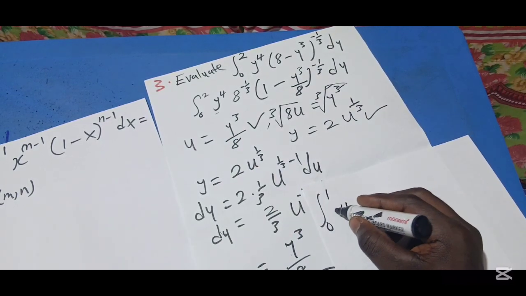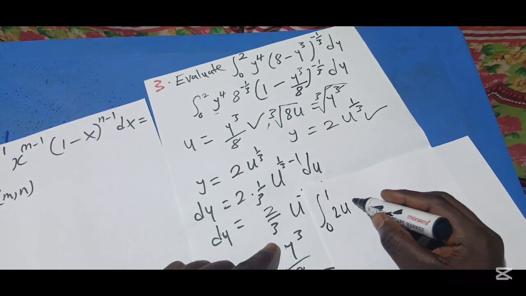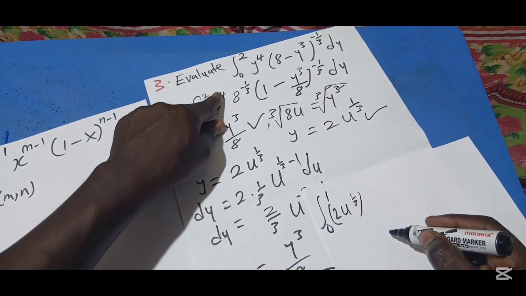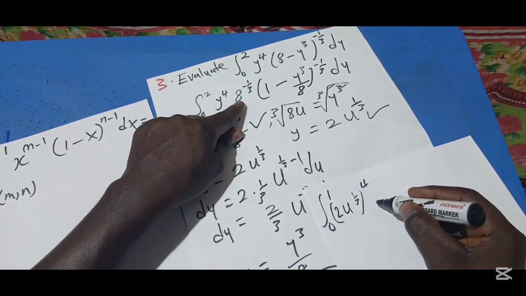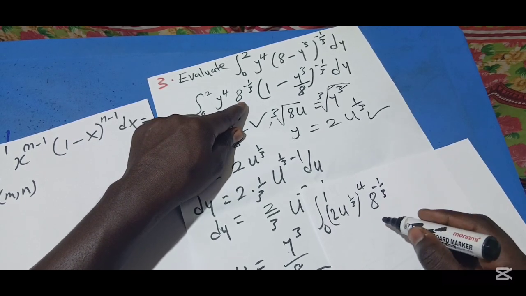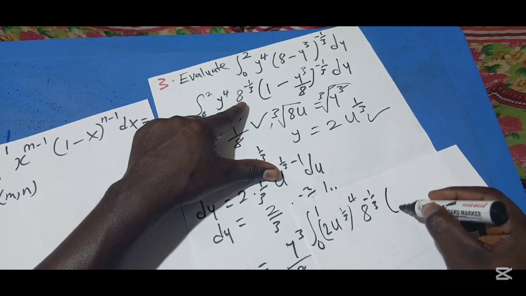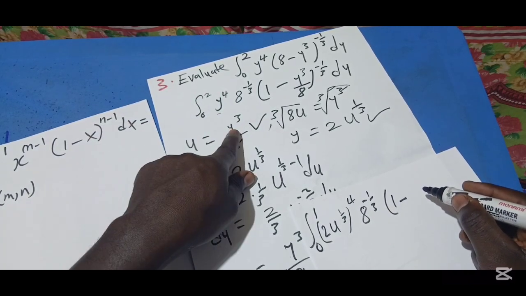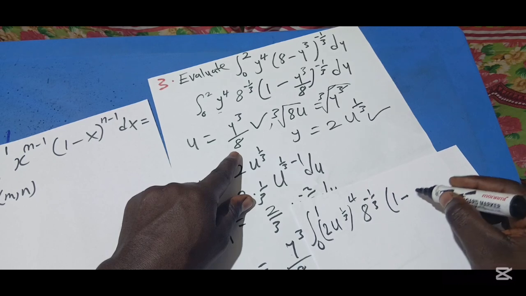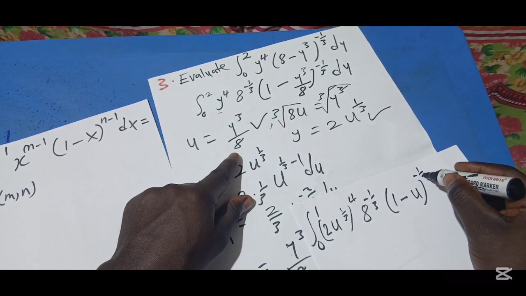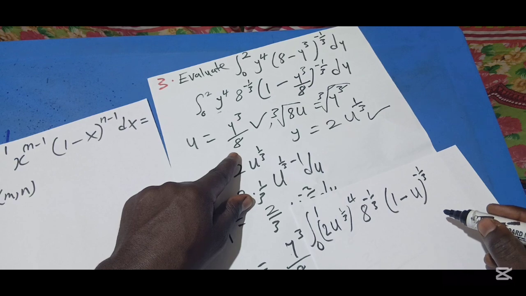So 2u to the power 1 on 3, all to the power 4, and we have a to the power minus 1 on 3. Then followed by 1 minus, we said our u should be y to the power 3 on 8, so here will be u all to the power minus 1 on 3.